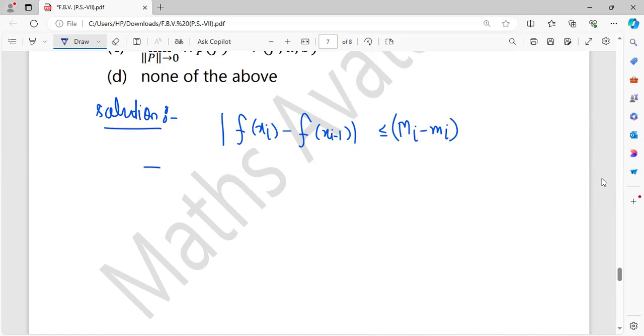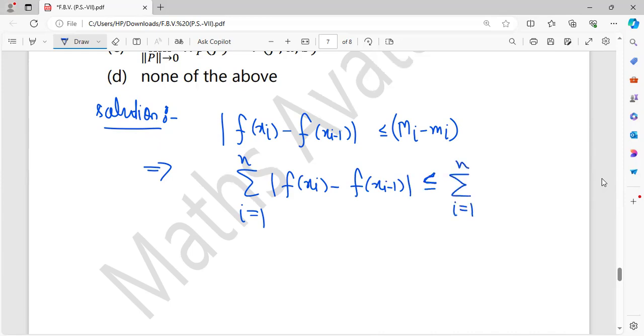So this implies summation i goes to 1 to n, f(xi) minus f(x(i-1)), summation i goes to 1 to n, capital Mi minus small mi.